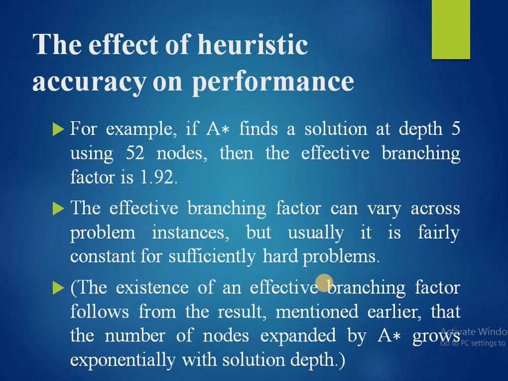The effective branching factor can vary across problem instances, but usually it is fairly constant for sufficiently hard problems. The existence of an effective branching factor follows from the result mentioned earlier that the number of nodes expanded by A star grows exponentially with the solution depth.